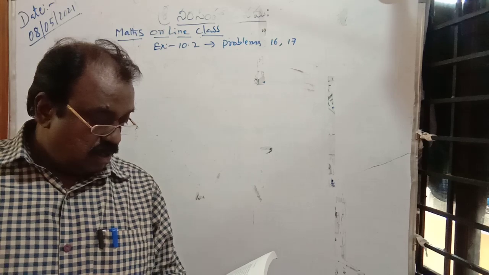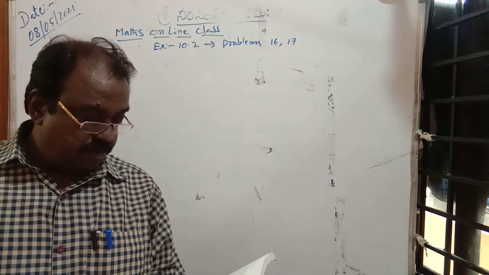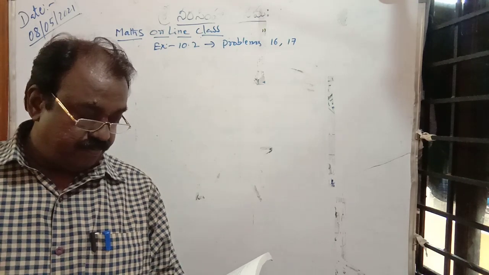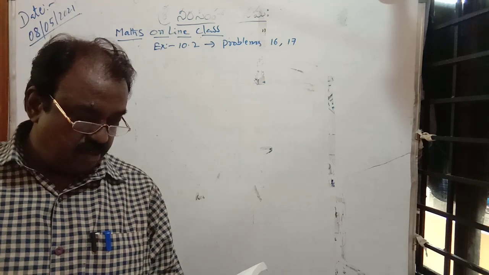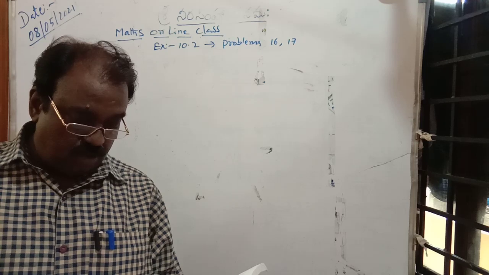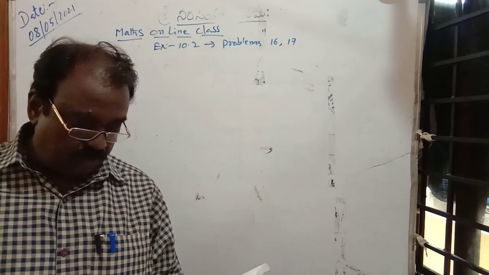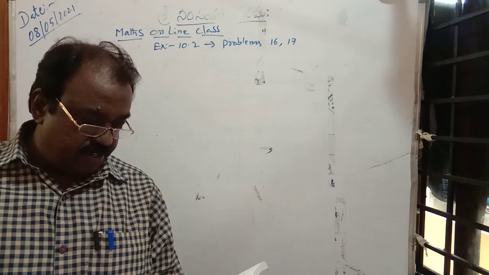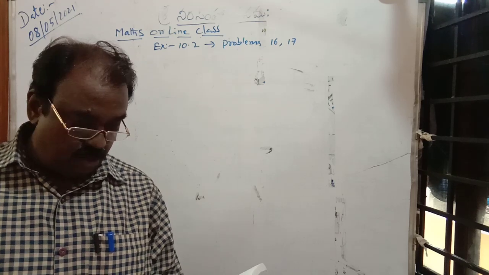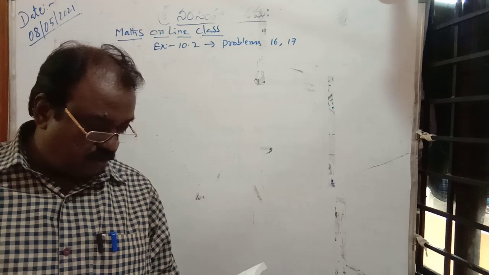Okay. I want to solve problem 18. P(a, b) is the midpoint of a line segment between the axes. Show that the equation of the line is x by a plus y by b is equal to 2. Once again, you read out.